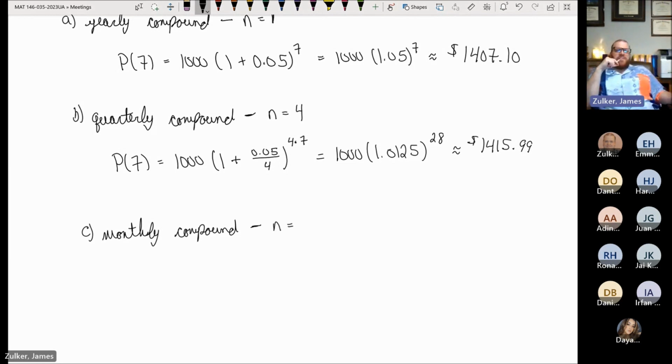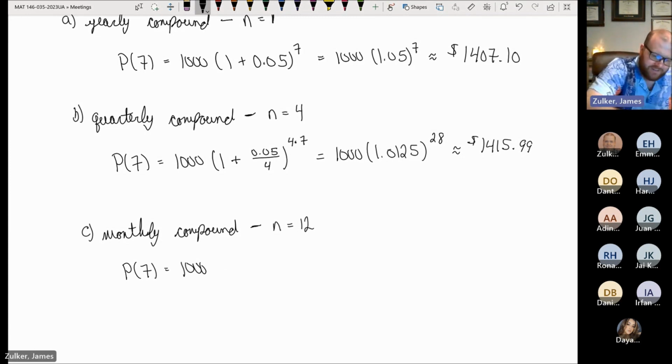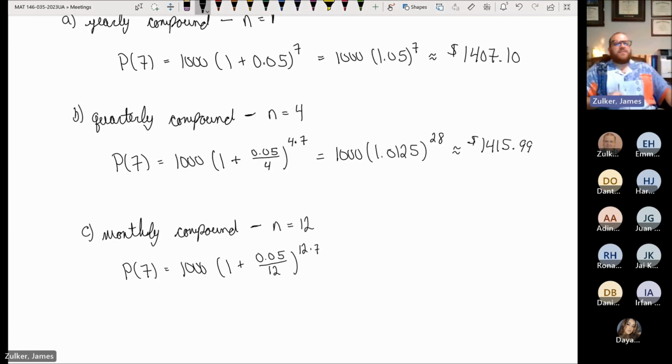If we compound monthly, how many compounding periods do we have? P of 7 would then be 1,000 times 1 plus 0.05 divided by 12 raised to the 12 times 7.